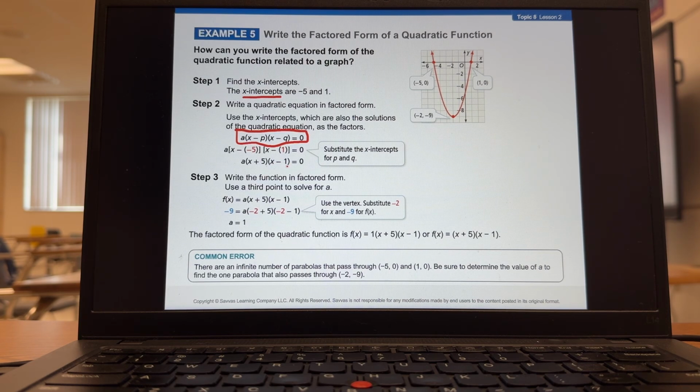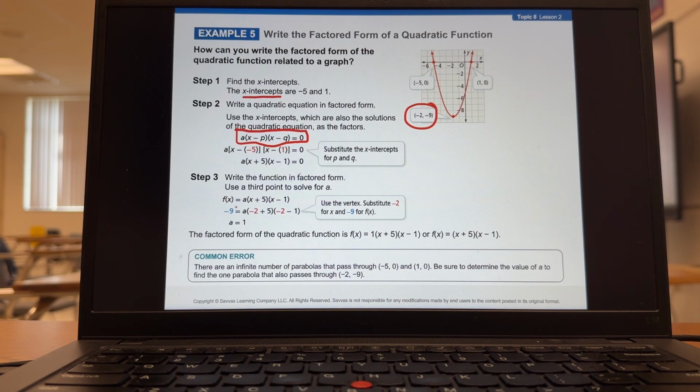Just how we did in standard form and vertex form, we need to find our a. So that's where the other point comes in handy. They use the vertex, -2, -9. -9 is going to be your f of x, and -2 is going to be your x value.